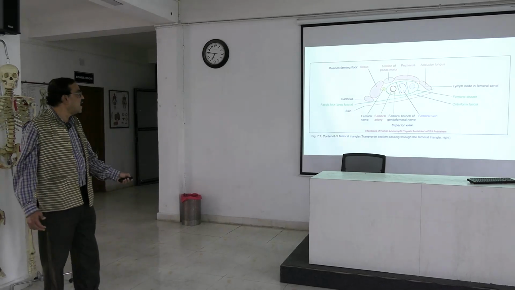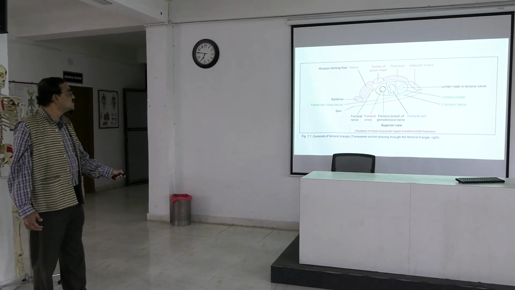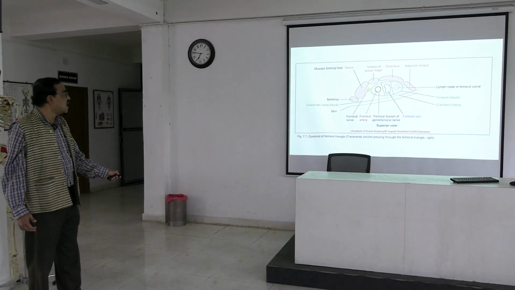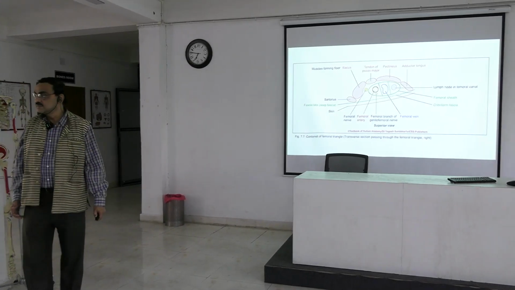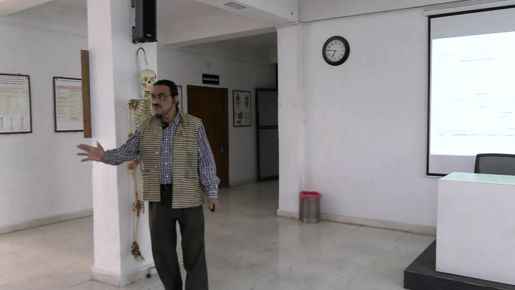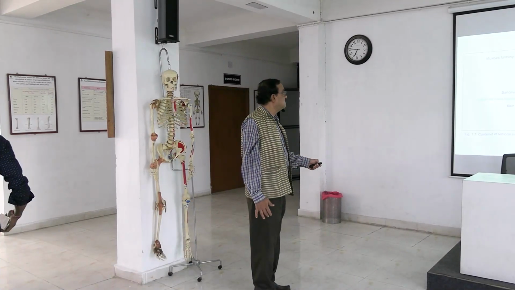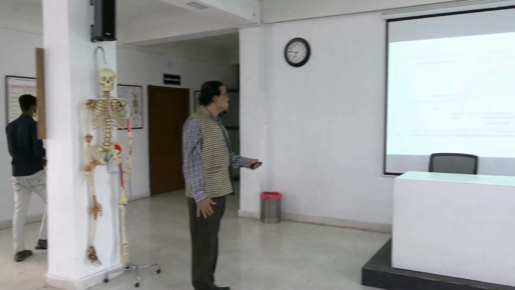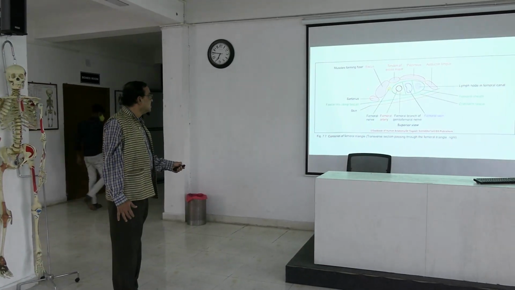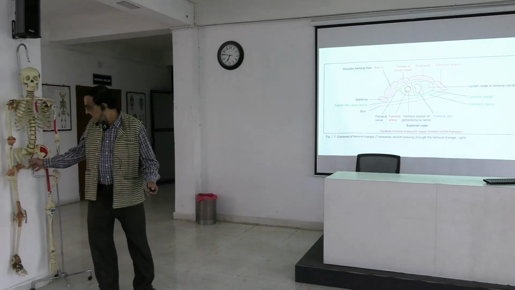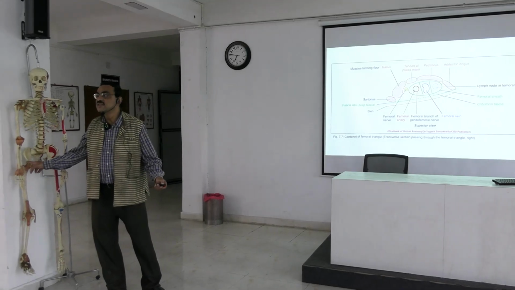You can see most laterally this is the femoral nerve, which is outside the sheath. This is outside the femoral sheath.